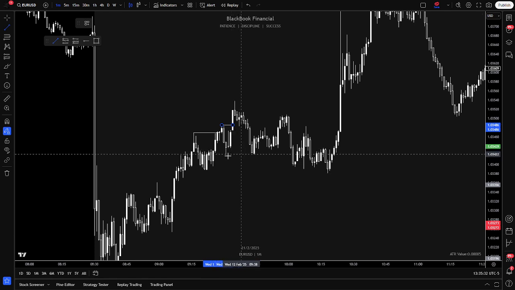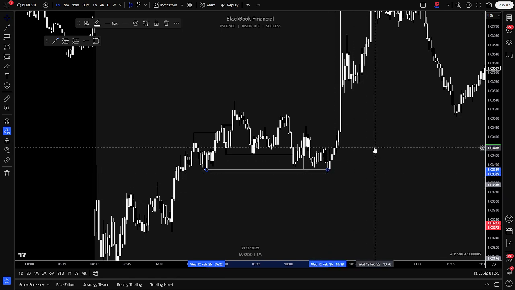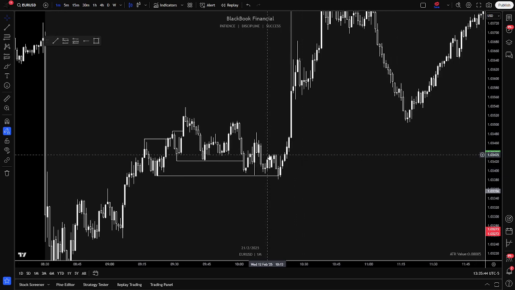Same with this point as well. Market pushed higher. Then we can see market comes down, takes our points, takes our swing points right here and right here. And then what does it do? It gives us an internal shift of market structure right here, right?